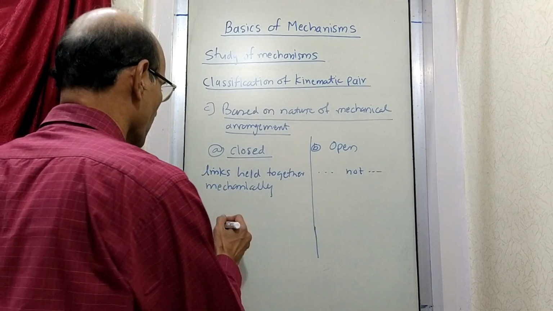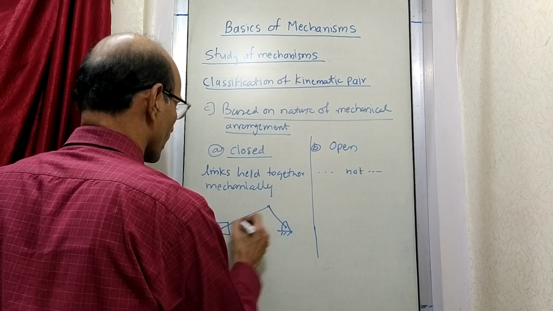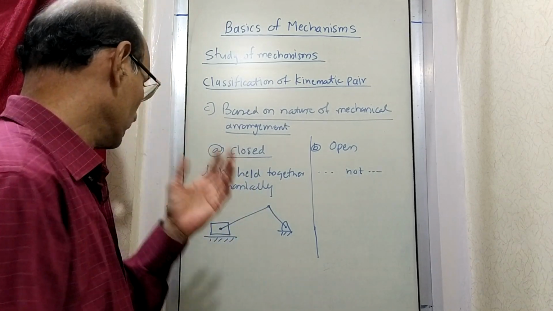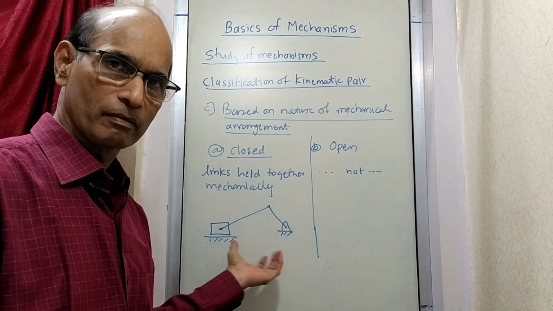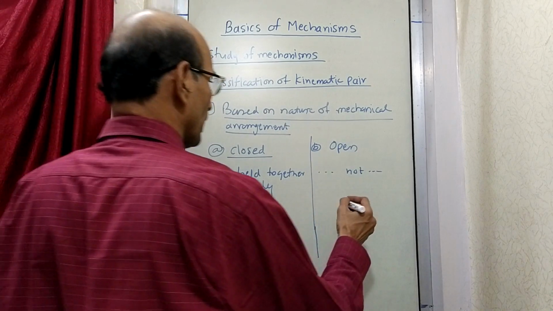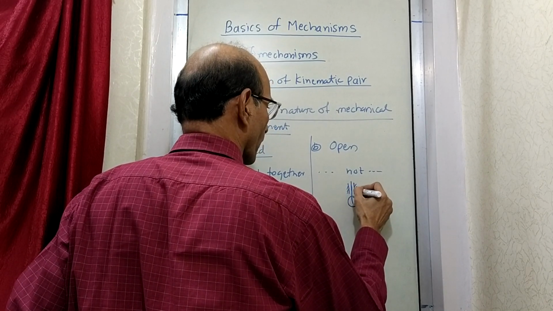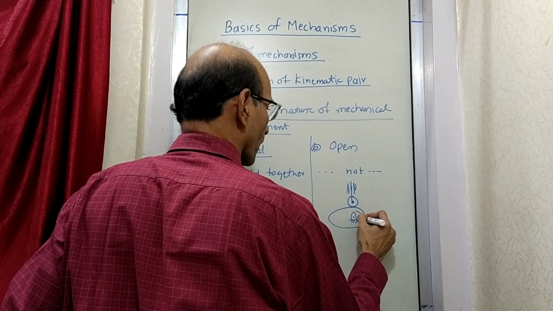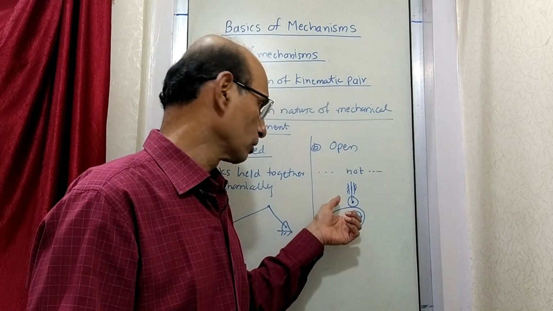So an example of closed is maybe our slider crank mechanism, which we have drawn many times. You will see that all these parts are physically held. They will not go here and there. They are connected to each other so that their motion is very well constrained. Now, if I draw a cam and follower, you see the follower and cam are not tied together by any mechanism.